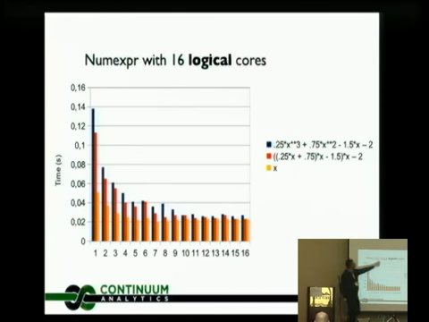But these processors are logical, not physical. The physical ones are up to 8, okay? And you can see here how NumExpr scales pretty well until we get a kind of plateau here, okay?